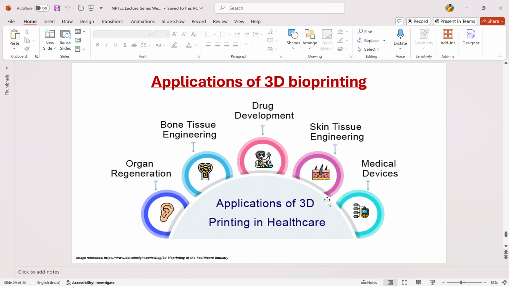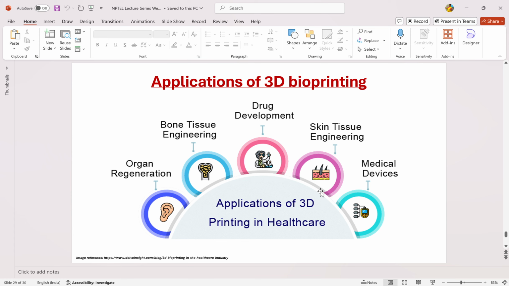So there are different applications of 3D bioprinting, especially in healthcare. One is organ regeneration. You can make organs. One is bone tissue engineering, that is you can reform bones or you can repair damaged bones. Then you can do drug development using 3D bioprinting. You can do skin tissue engineering.